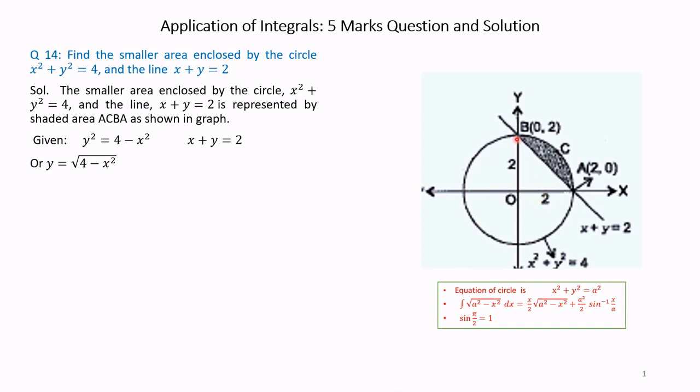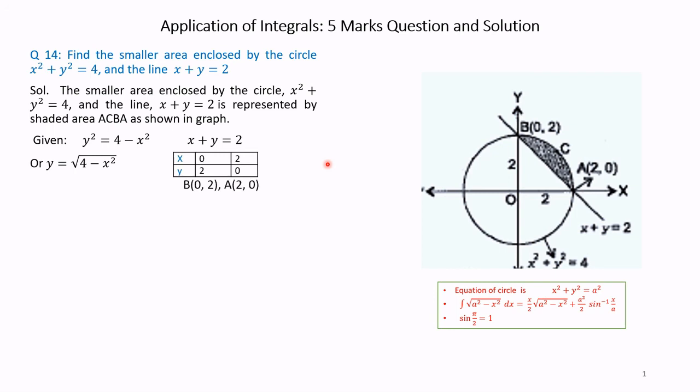So y is also equal to 2, x is equal to 2, and the equation is x plus y is equal to 2. This line meets the axes at the point A, which is 2 comma 0, and B, which is 0 comma 2.